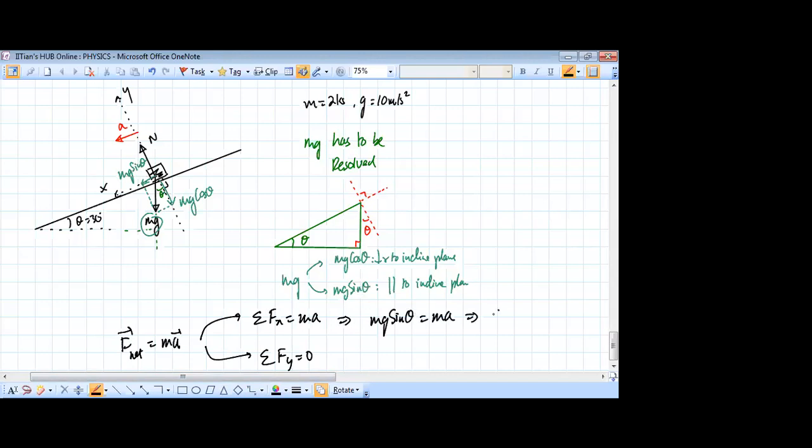So the acceleration of the body will become g sin theta, which in this case will become 5 meters per second squared. And along this direction, the normal reaction should become mg cos theta, which in this case will become 20 into root 3 by 2, so 10 root 3 newtons.